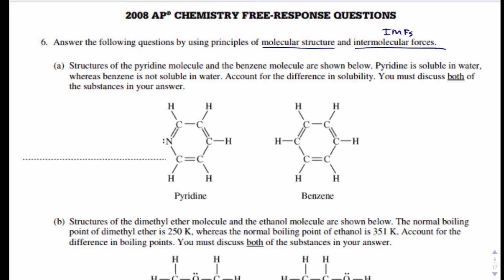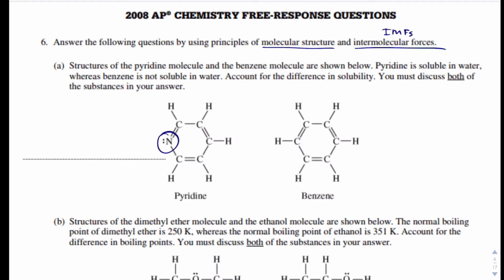And we've talked in class about how you either need polar bonds or you need lone pairs that cause dipoles to not cancel to make a molecule polar. And if a molecule is polar, it has a really high probability that it will be soluble in water. So what we have going on here is a lone pair on the nitrogen in pyridine.